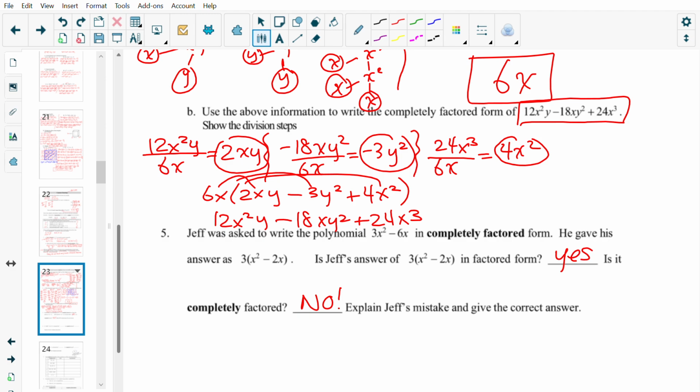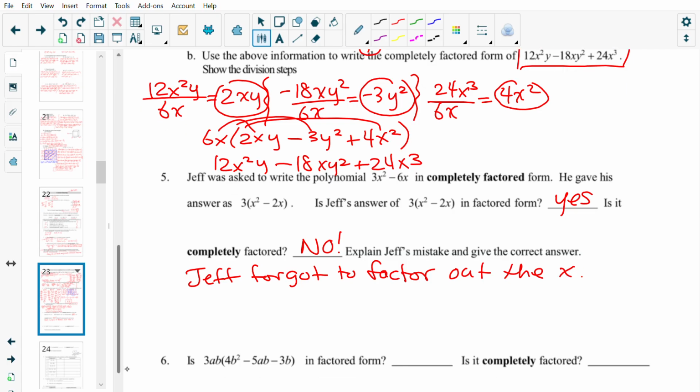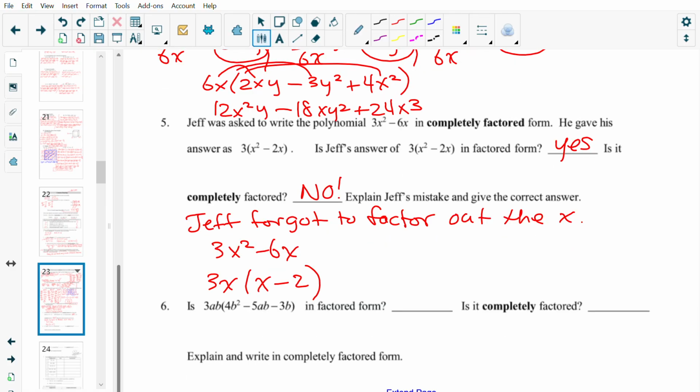Explain Jeff's mistake and give the correct answer. Jeff forgot to factor out the x value. He should have factored out a 3x to begin, and that's 3x times x minus 2.